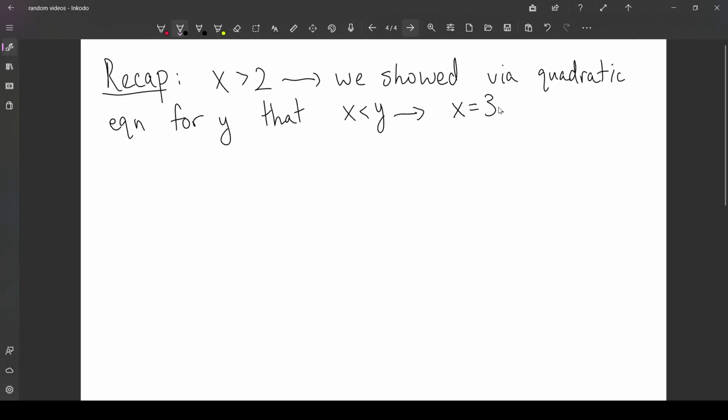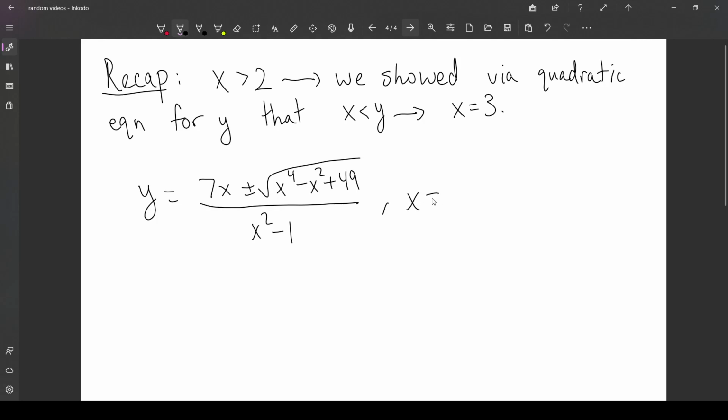And so what that means is that we can just put x equals 3 back into our equation. And in fact, we might as well just put it into the quadratic formula. So remember, we had y is 7x plus or minus the square root of x to the 4th minus x squared plus 49, all over x squared minus 1. You just stick in x equals 3, so you get 21 plus or minus the square root of 81 minus 9 plus 49.